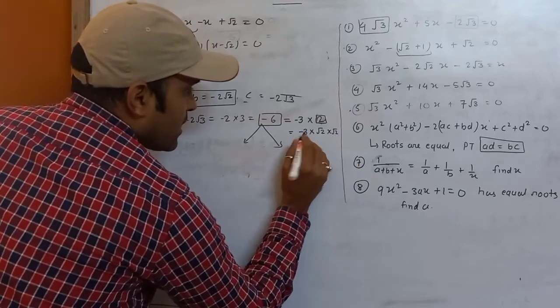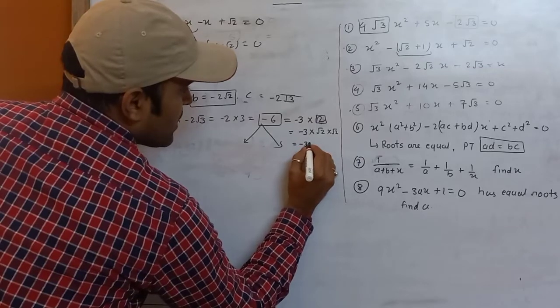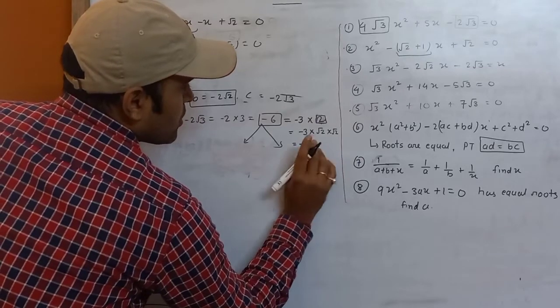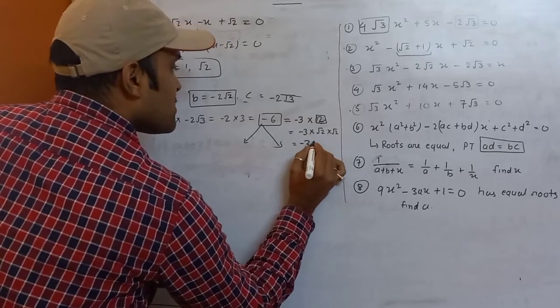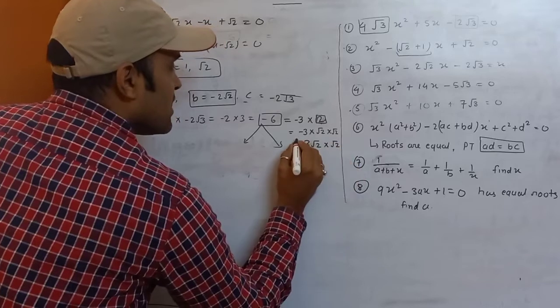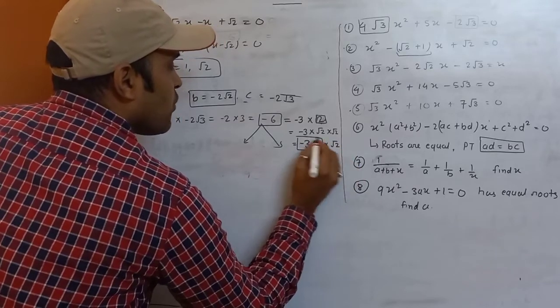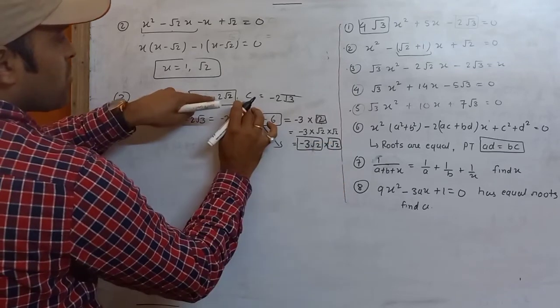So if we write minus 3 root 2 multiplied by root 2, there are two factors. Adding them, we get minus 2 root 2.